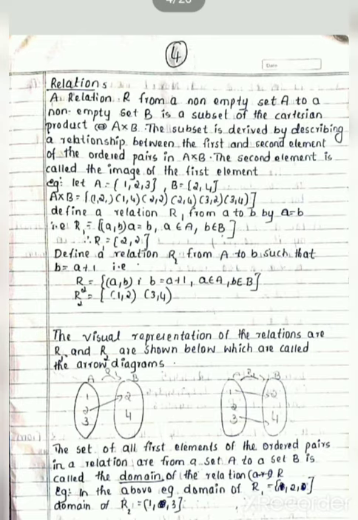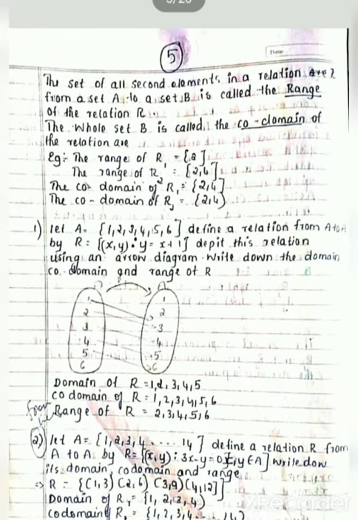It is the set {2, 4}. Next, what is codomain? Codomain is the set B, means here the codomain of both R1 and R2 is the set {2, 4}.